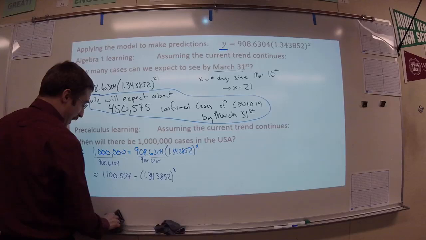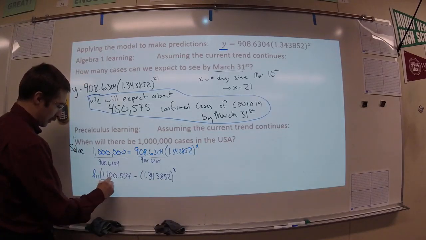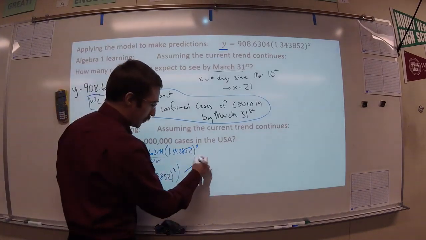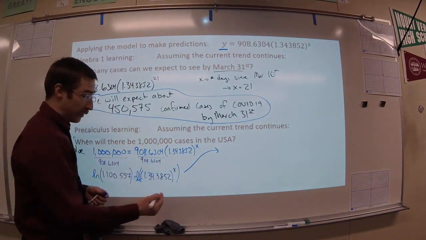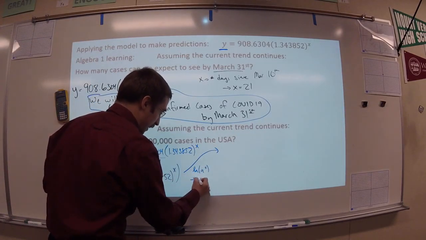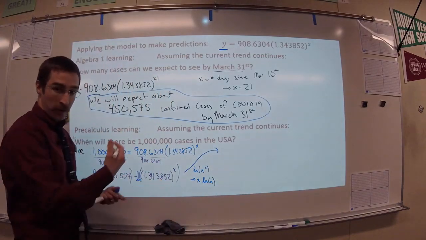I'm just going to take the natural log of both sides of this equation. So natural log of this equals the natural log of this. We're going to use our logarithm property that the natural log of a to the x is the same as x times the natural log of a, to rewrite it. That's one of our properties.